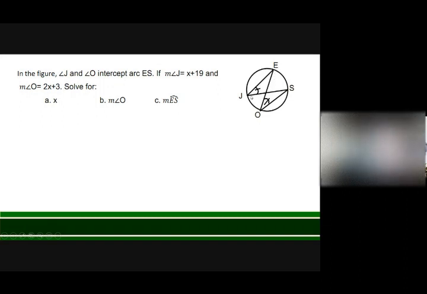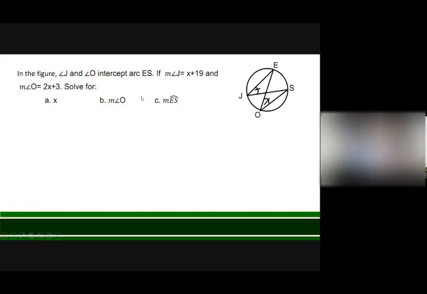Kaya sabi natin kanina, kapag iisa ng intercepted arc yung meron tayo sa dalawang inscribed angles, ibig sabihin lang yan, they are congruent. If angle J is x plus 19, and angle O is 2x plus 3, let us try to solve the following.